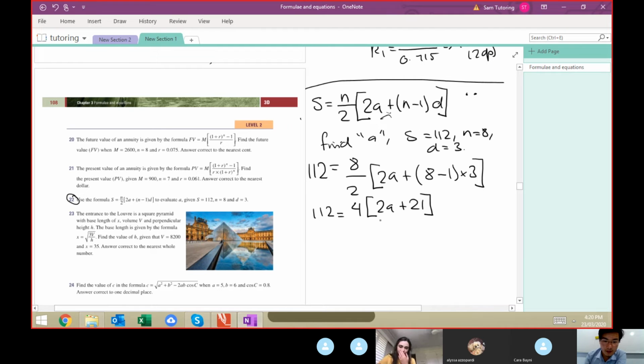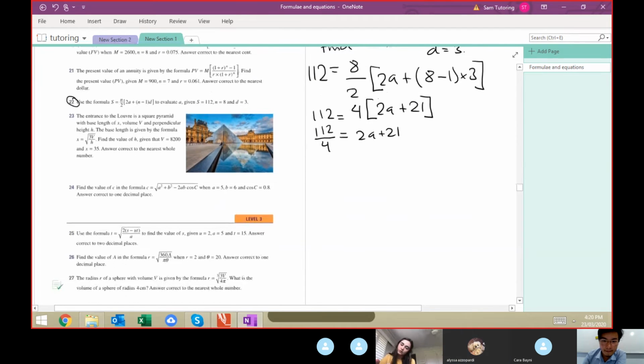This 4 is multiplying this expression here. So what we can do, we could divide both sides by 4. So you get 112 divided by 4 on the left-hand side, 2A plus 21. You guys following? Yep. And then 112 divided by 4, what is that?